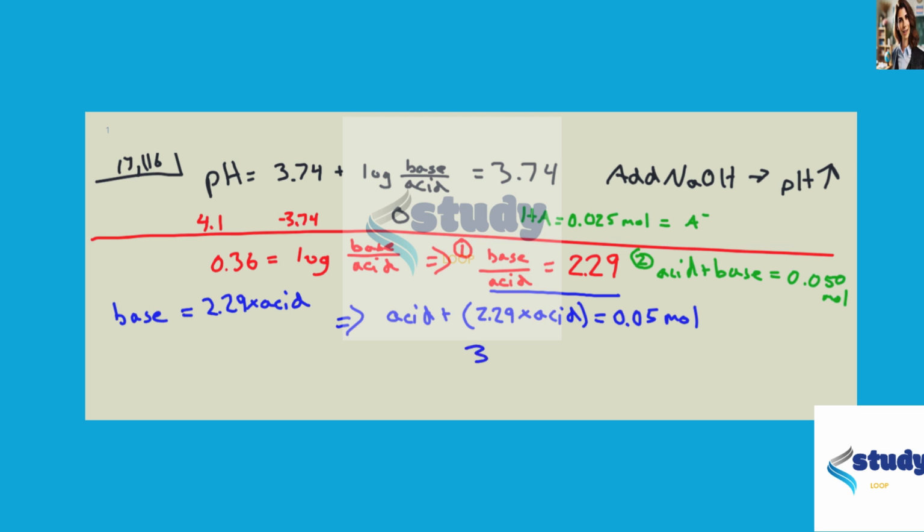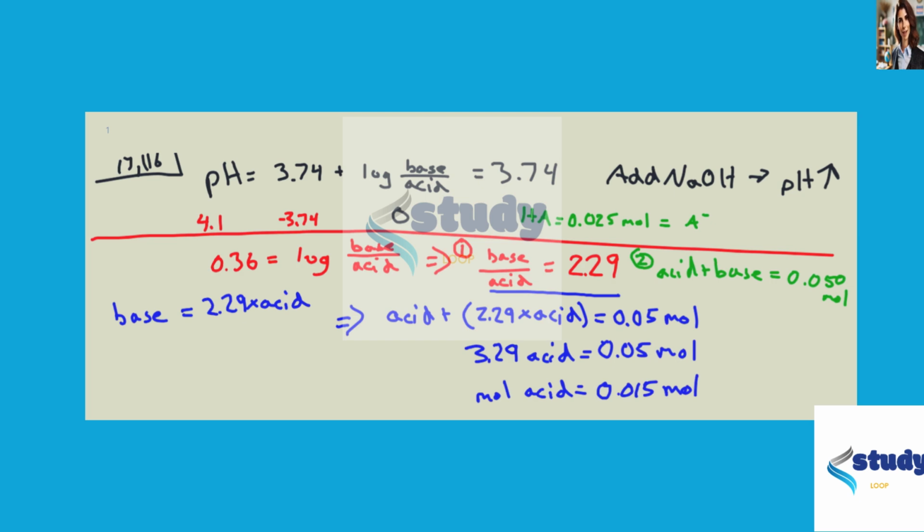This becomes 3.29 times acid, if we take acid as a variable, is equal to 0.05. And so moles of acid becomes 0.05 divided by 3.29, which is 0.015 moles.